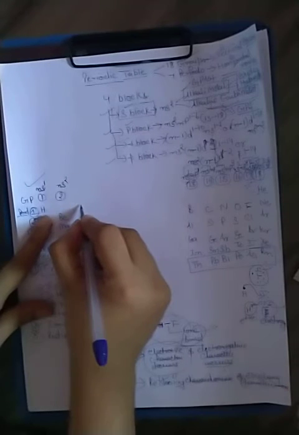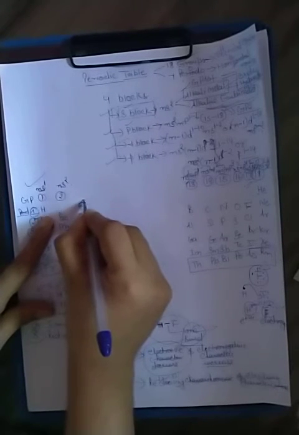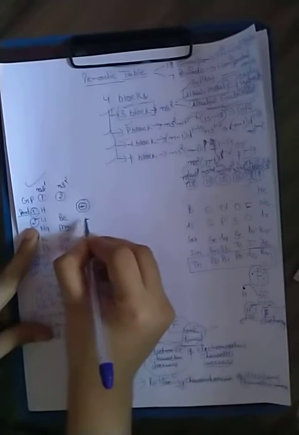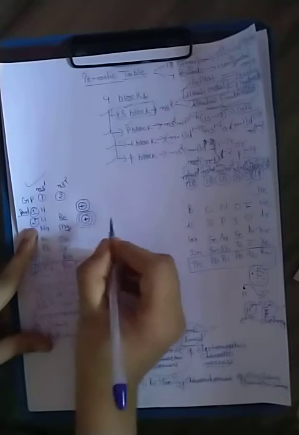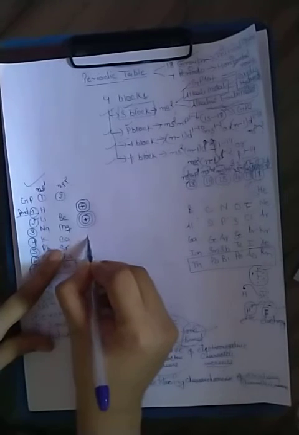for example, hydrogen and helium belong to the first period. In the first period, the number of shells is 1, and lithium, beryllium, boron, carbon, nitrogen, oxygen belong to the second period, with 2 shells.